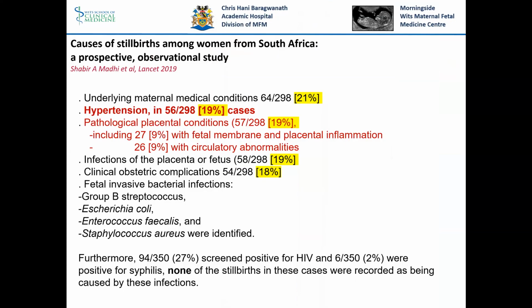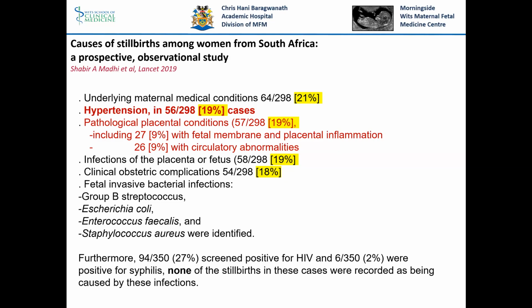A recent study published in the Lancet in 2019 from Chris Hani Baragwanath Hospital looked at the causes of stillbirths among women in our cohort. As you see, a big number of those stillbirths were due to hypertension, nearly 20%, and also pathological placenta conditions, another nearly 20%, which I believe overlaps with the first group.